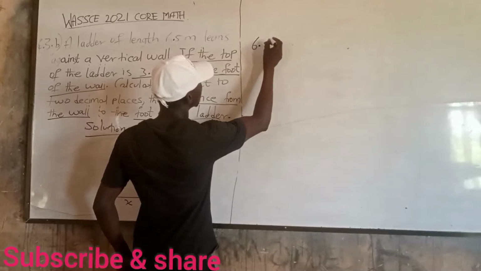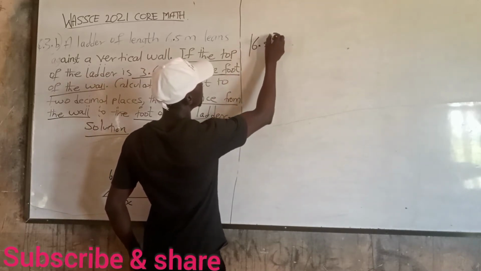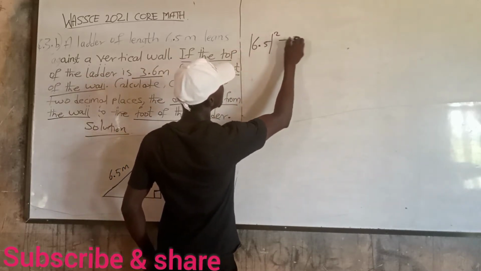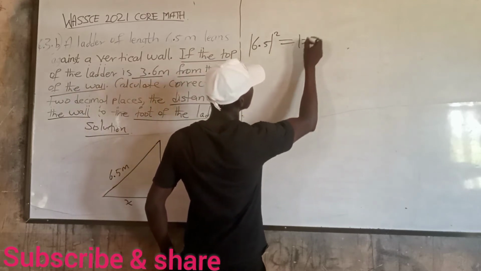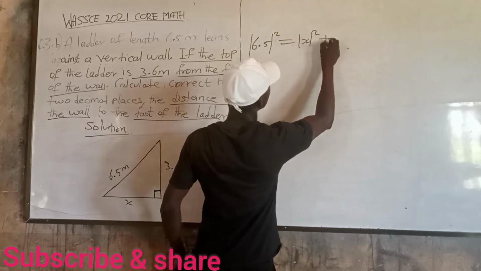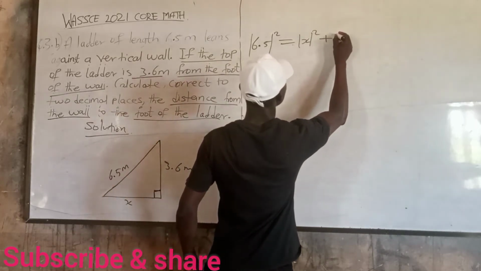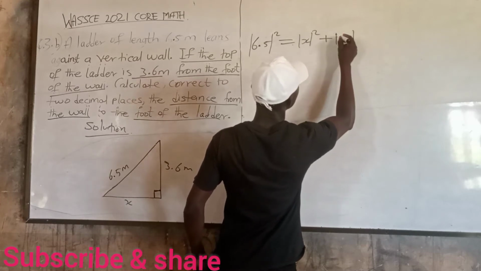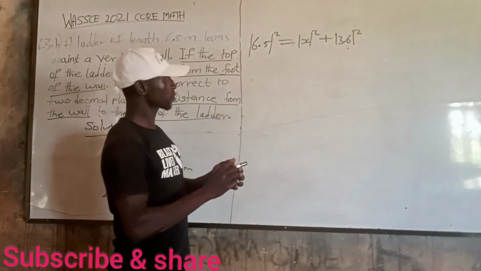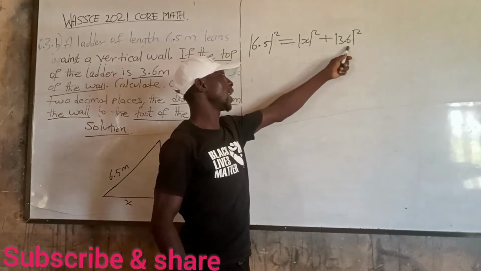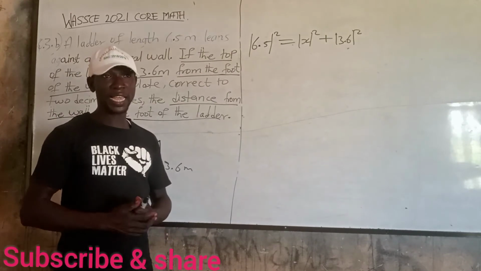That means 6.5 squared equals length x squared plus length 3.6 squared. That means when you square this and add them, you get this, as I said earlier.